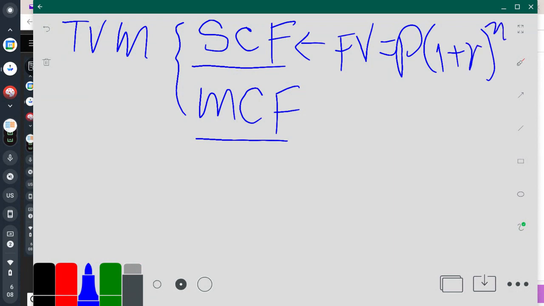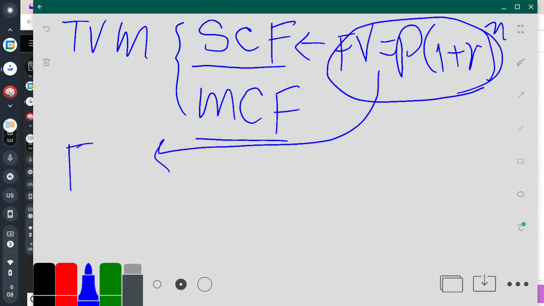Of the four possible unknowns, P can be the unknown, and solving for this is called discounting. R can be the unknown, and solving for this, we can use the geometric average.